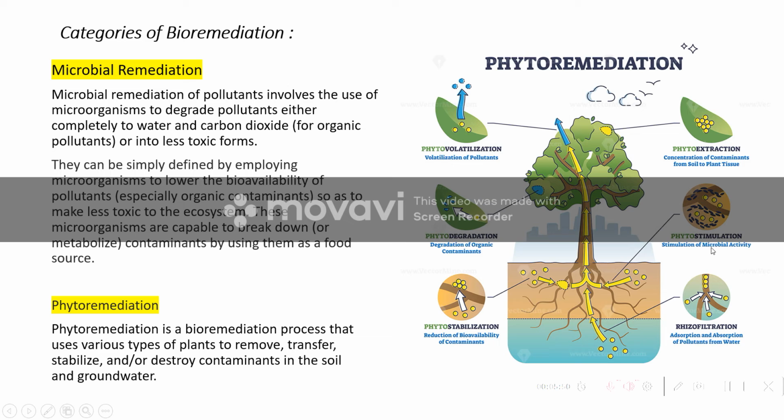Stimulation of microbial activity. In this process, plant release natural substances through its root, supplying nutrient to microorganisms in the soil. The microorganism enhance biological degradation. And the last is the rhizofiltration, adsorption and absorption of pollutants from water. It is similar to phytoextraction, but the plants used for cleanup are raised in greenhouses with their roots in water.